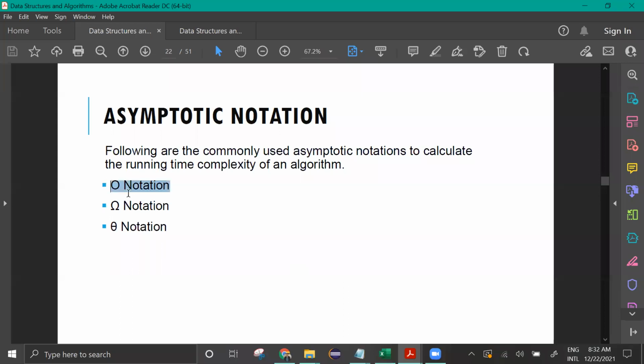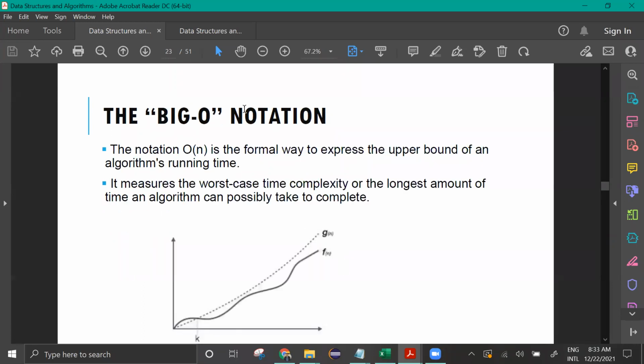So there are 3 notations used in asymptotic analysis: Big O notation, omega notation, and theta notation. In Big O notation, we define the upper bound of an algorithm. Mathematically, we get the upper bound of a function.